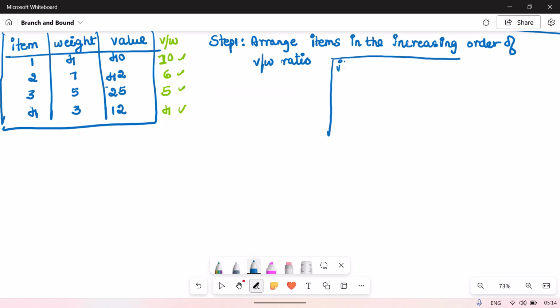So item, weight, value, and V over W. 4 items are there.